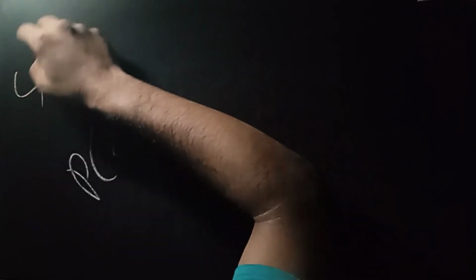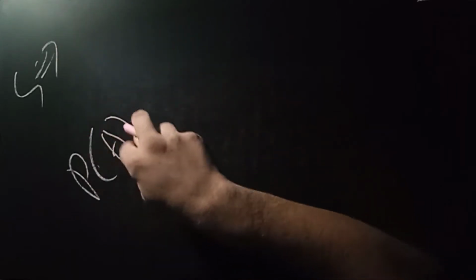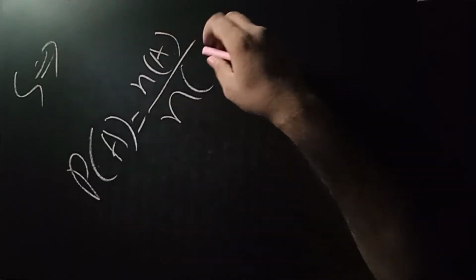So basically, let's start. The basic theorem of probability is that in a sample space, let's say the sample space contains all the outcomes of an event, then the probability of an event happening is the number of outcomes in which the event is satisfied divided by the total number of elements in the sample space.